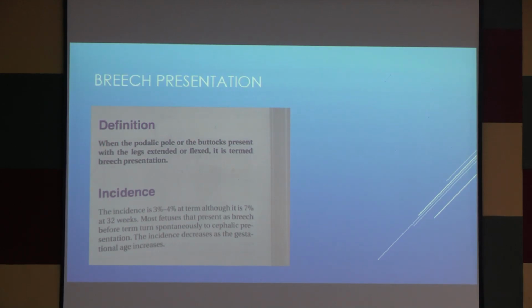Today we will discuss abnormal presentation, that is breech presentation. What is breech presentation? When the podalic pole, that is the buttocks and legs, present, legs may be extended or flexed, it is termed breech presentation.